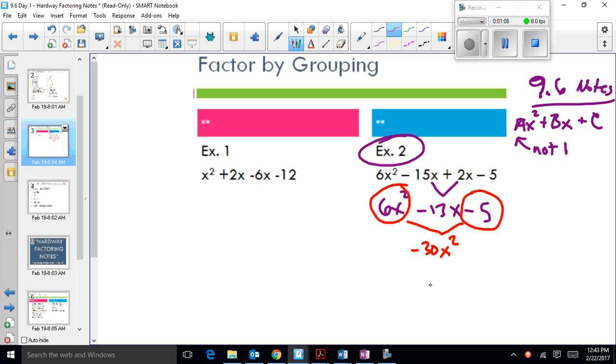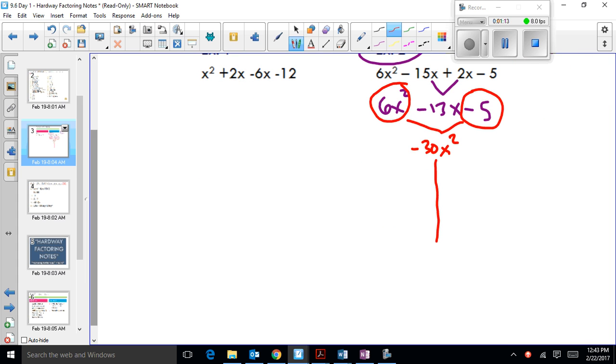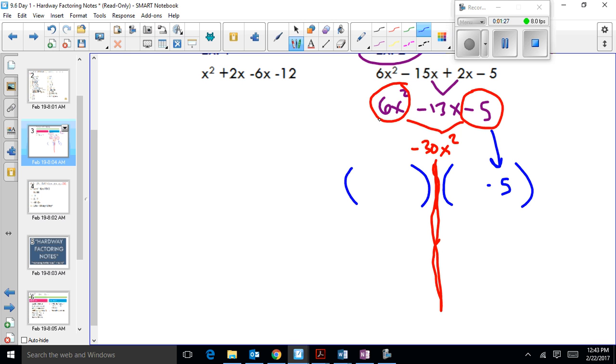From here, that's going to help us go forward. I split this down the middle and set up my new sets of parentheses. I bring down negative 5 on this side and my 6x squared on this side.